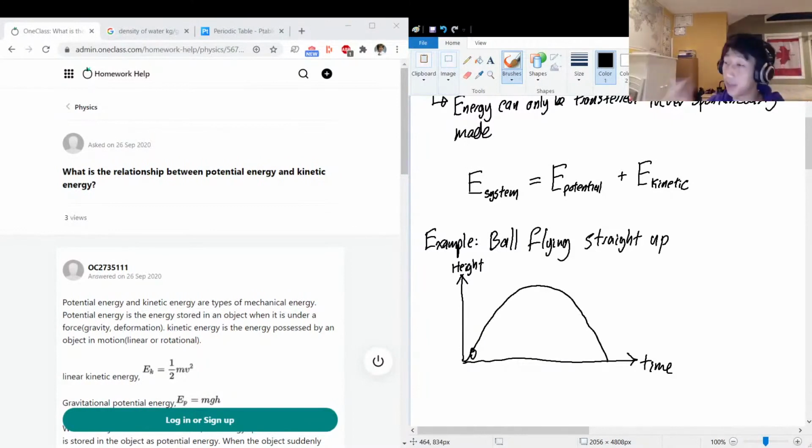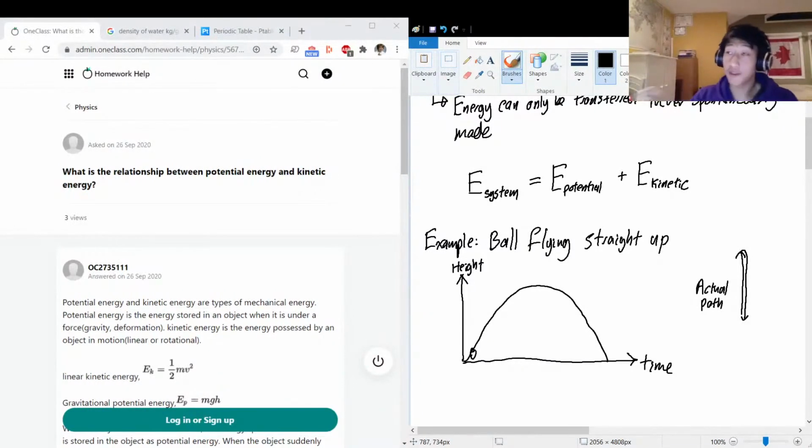Now that doesn't mean I'm throwing it at an angle. Its actual path is straight up and straight down. I know it looks like it moved horizontally a bit, but it's not really an easy way to draw two arrows on top of each other and make them still look like two arrows. But yeah, so the actual path is like this.